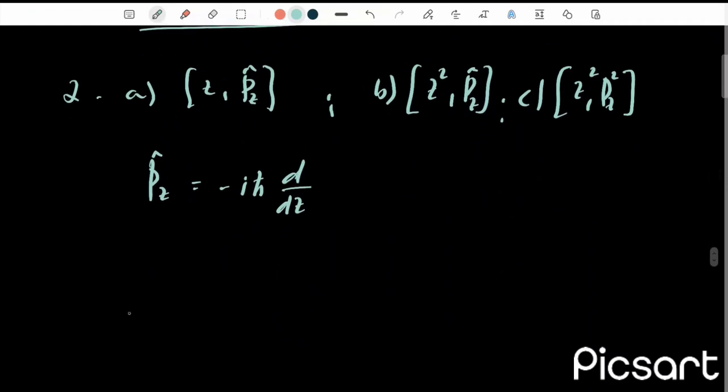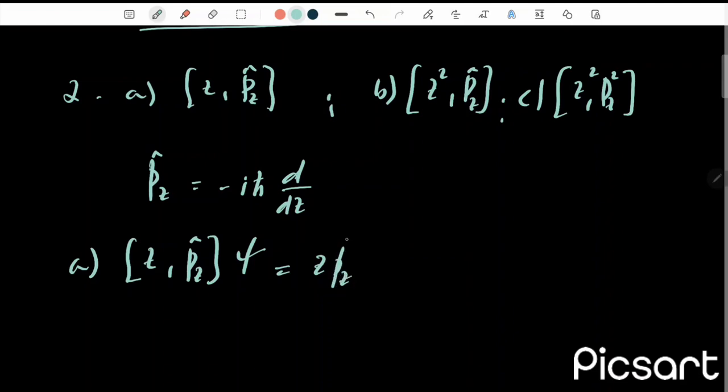Then to get the solution for this, for A we have the commutator of z and p, and as we showed in the previous videos, we must put here any function, psi, or any function that you need to get the correct answer, where you have here, for example, z times p z minus p z z acting on the function psi.